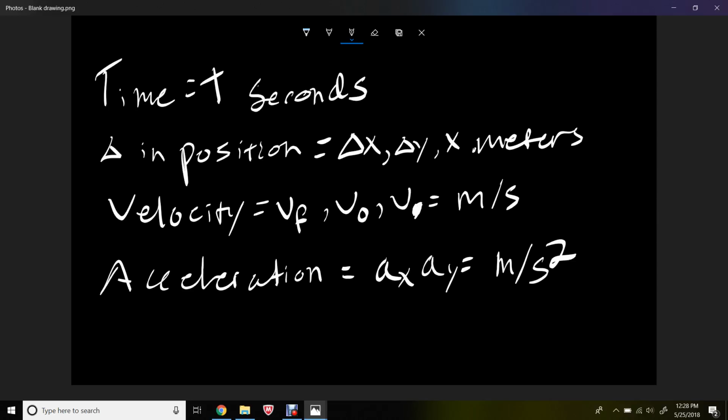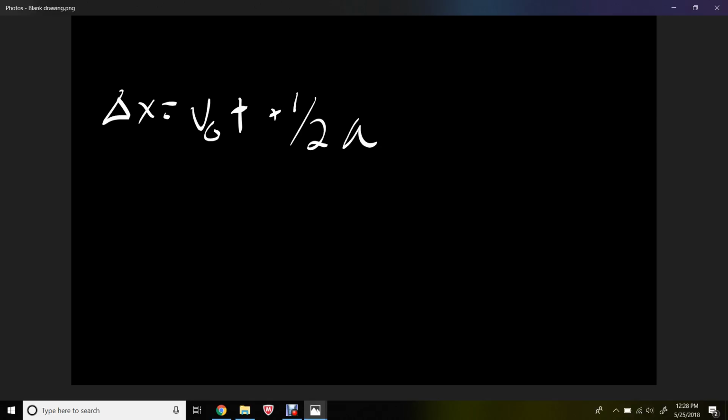Now, in projectile motion, there are three basic formulas that you use, and upon using these formulas, you can pretty much solve for any of those variables. There's the change in x equals the initial velocity times time plus 1/2 acceleration times the time squared.